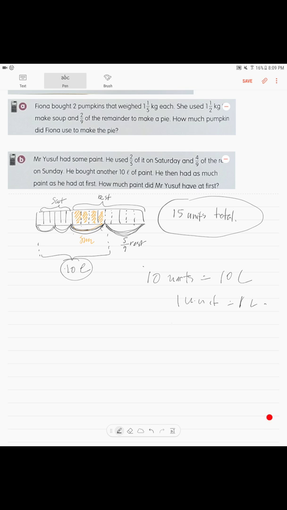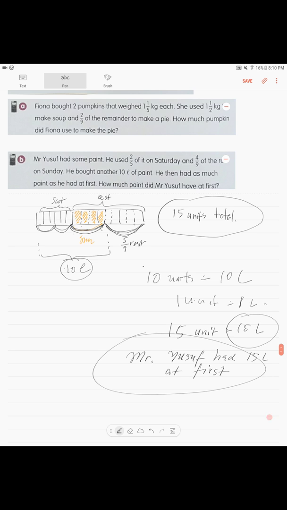Okay? So 15 units is 15 liters. Very simple. How much paint did Mr. Yusuf have at first? Mr. What's his name? Yusuf had 15 liters at first. Boom. Okay, let's keep going.